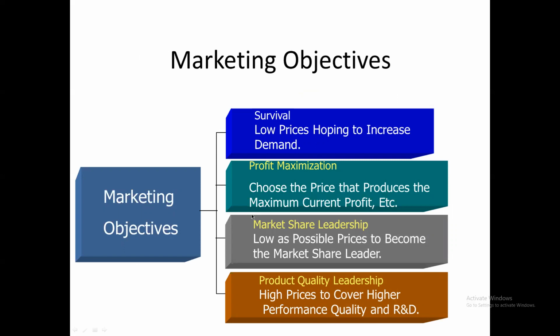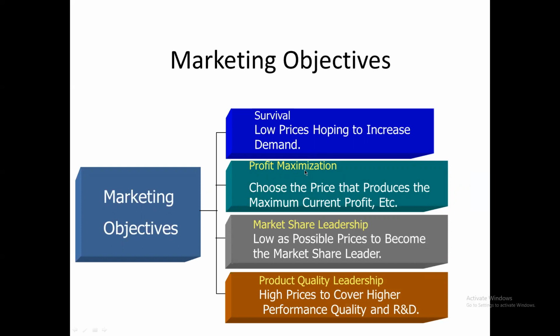The first may be the survival. When we just set up a new industry or a pharmaceutical company, we have to survive in the market. And to survive in the market, we may set low prices, hoping to increase the demand. Then profit maximization.